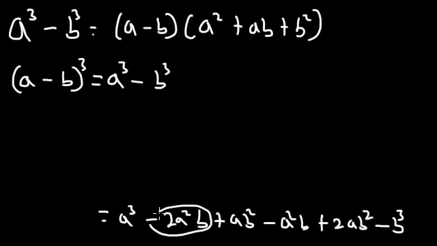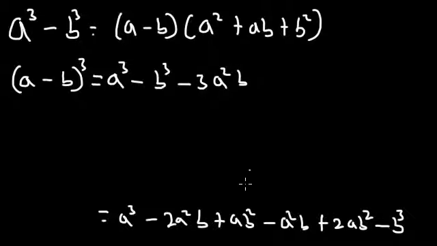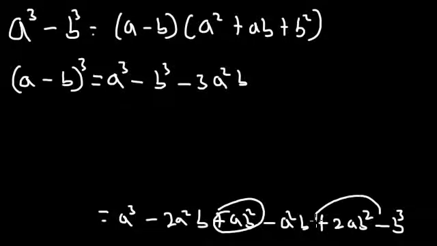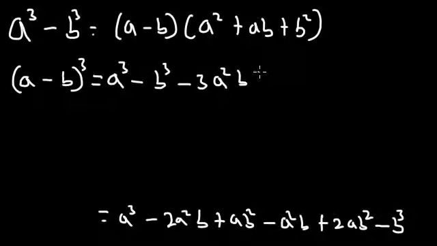Now we have negative 2a squared b and negative a squared b, and if we add them together, we have negative 3a squared b. Now for positive ab squared and plus 2ab squared, that will be positive 3ab squared.